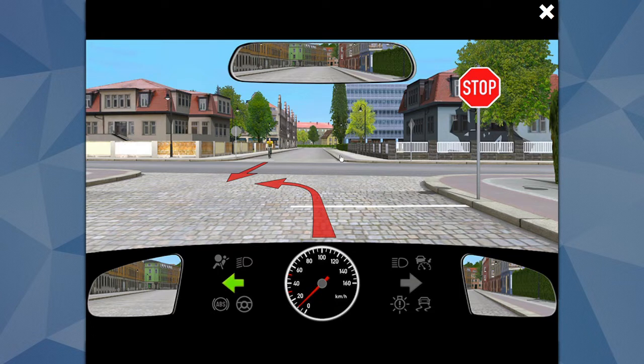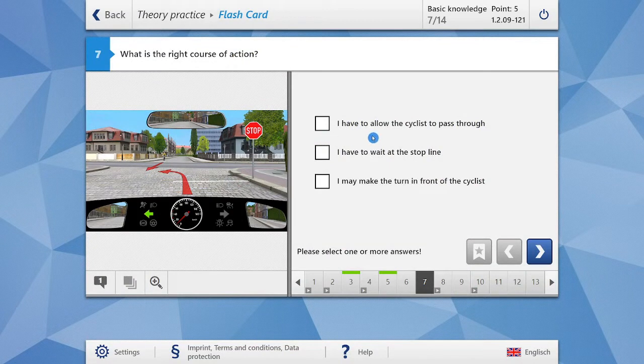You are moving out of that road and hence you should give way for the cycle. Let's go through the questions. I have to allow the cyclist to pass through. Yes. I have to wait at the stop line. Yes. I may make the turn in front of the cyclist? No. That should be our answer.